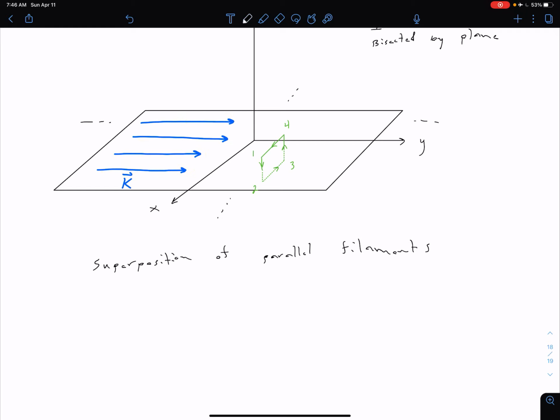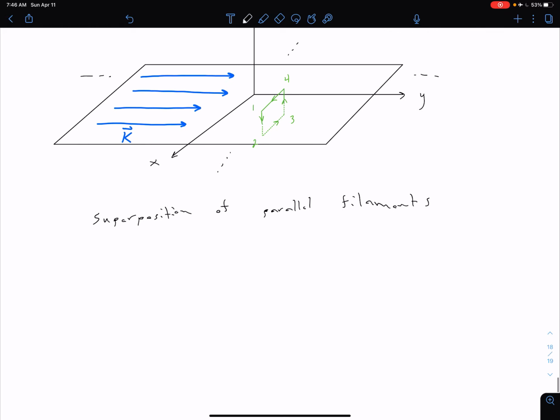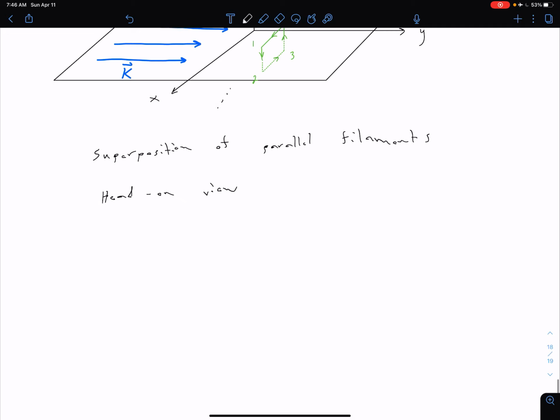And so let's look at a different view. Let's look at a head-on view. So we're looking at it and the current is coming towards us. So let's say a head-on view of what this looks like. What we're going to see, of course, and let me switch to blue here, is the current coming out of the page at us, right? So we're going to see something like this. Let's just copy this so I don't end up with different sizes here.